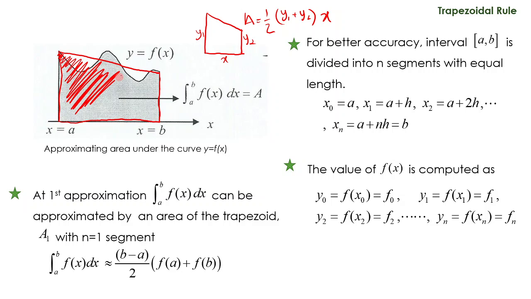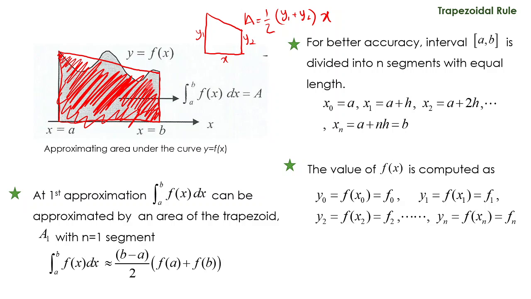Is the answer correct if we do it like this, compared with the actual one? If we compare with the actual, it will definitely deviate. We won't get the correct answer, so we will get a big error.